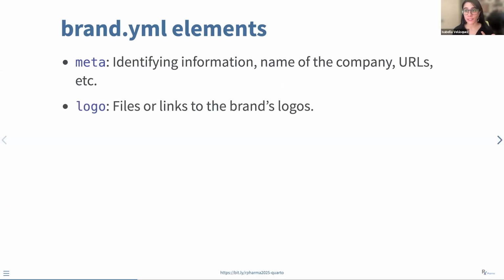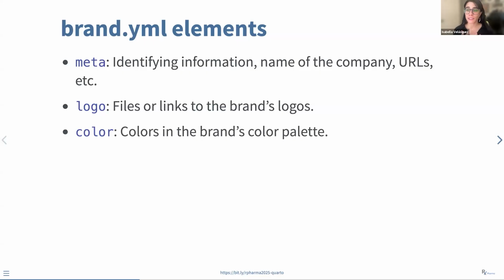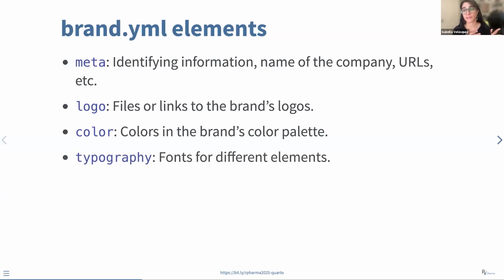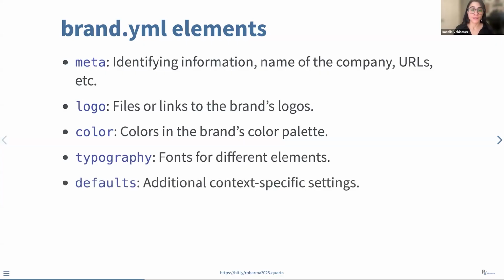The other one is logo, so any logos that you use. Color, so the colors of your brand guidelines. And then typography, so the different fonts for the different elements in your documents. There's also defaults, which allow you to be even more specific about different details. So this is if you need further customization for your Brand YAML file.